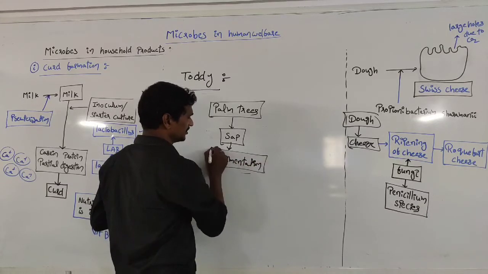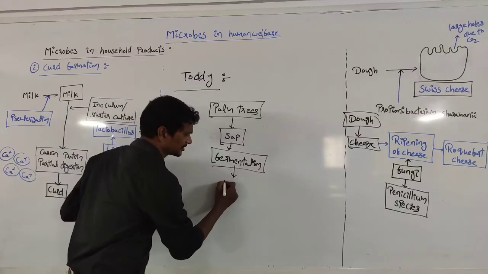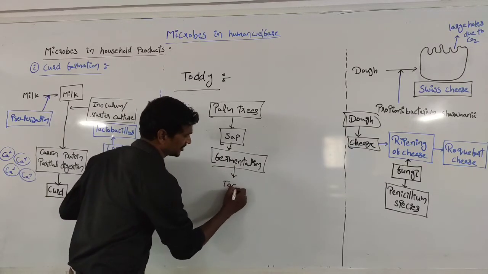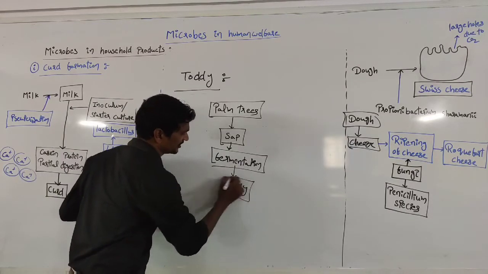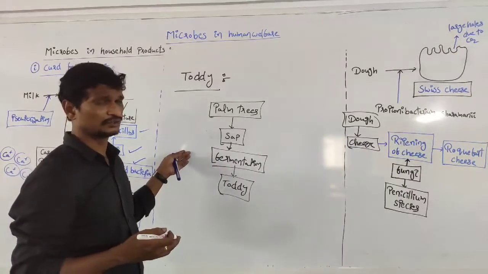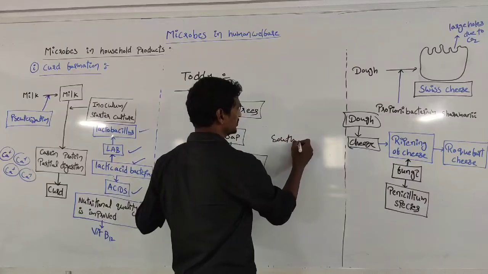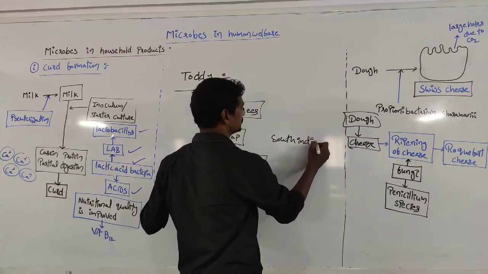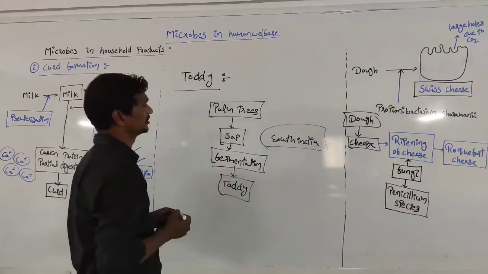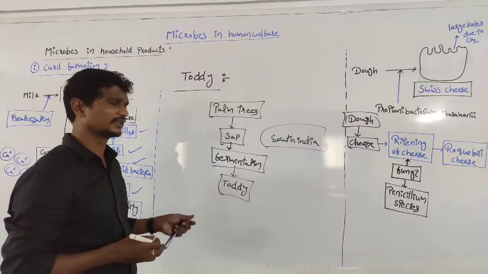Right? Okay. After that fermentation process, that sap is nothing but toddy. So this is one of the traditional drinks, especially in South India. That is about the toddy. I thought most of the people are well aware of toddy.